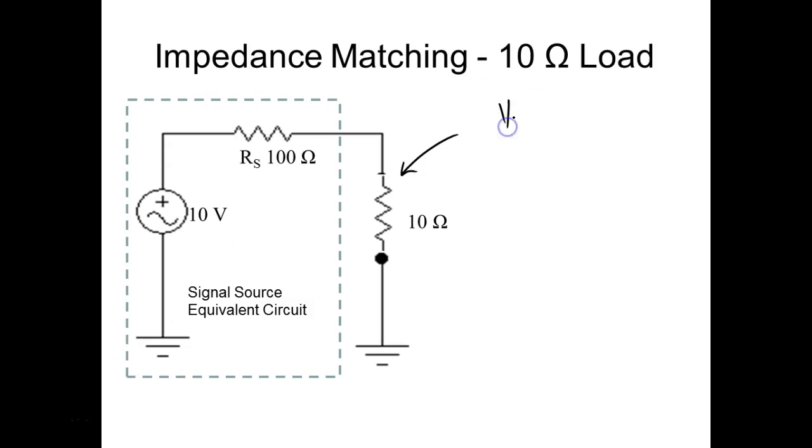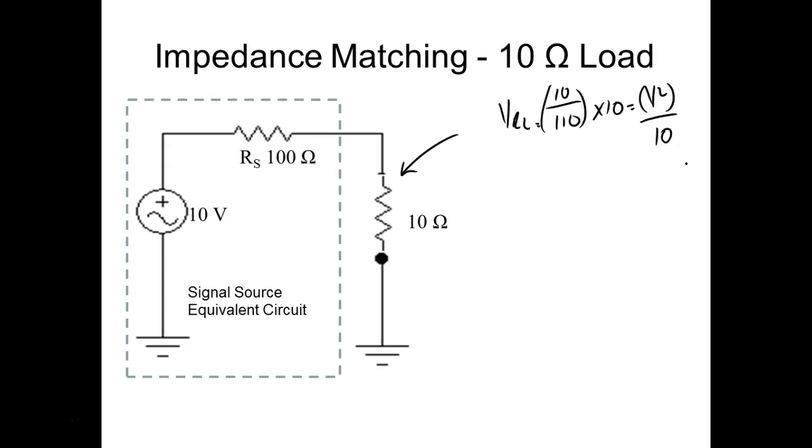So I said RL would be equal to 10 divided by 110 times 10, that's our load. And then what I'm going to do, guys, I'm going to take this answer right off the bat, and I'm going to square it. And then I'm going to divide that by 10, so we can do this with one whack.